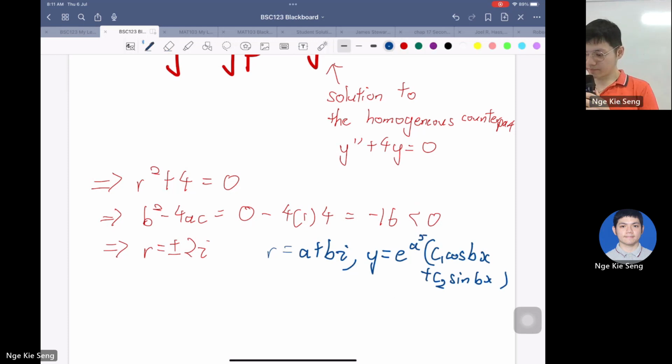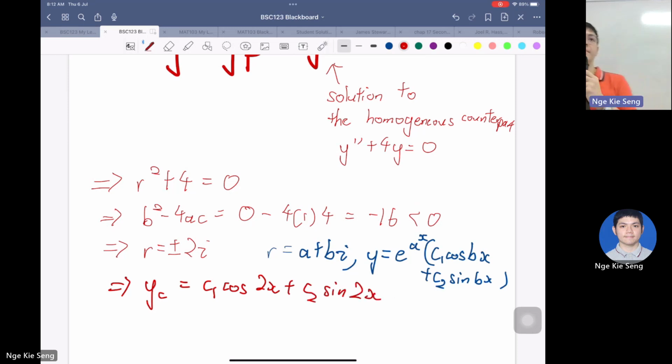So in this case we get y equals c1 cos 2x plus c2 sine 2x. Substitute: a is 0, so e to the 0 is 1.